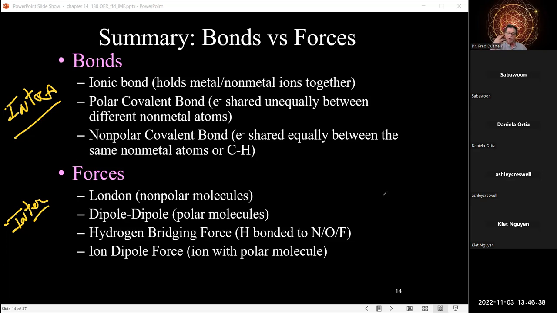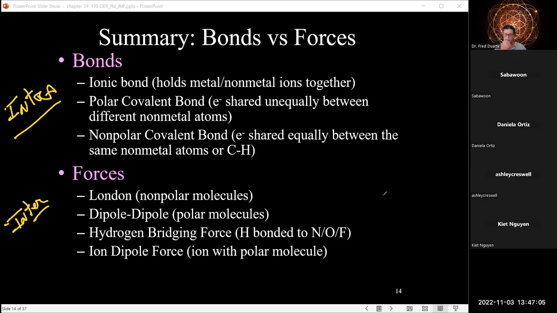And so when we talk about the bonds, recall that we have three types of bonds. We have ionic bonds, which is a combination of a metal and non-metal. That question was asked in some of the assignments we had, and the question was to distinguish between an ionic bond and a covalent bond.